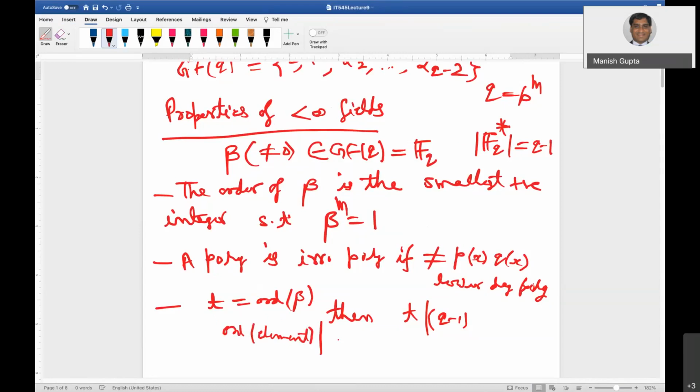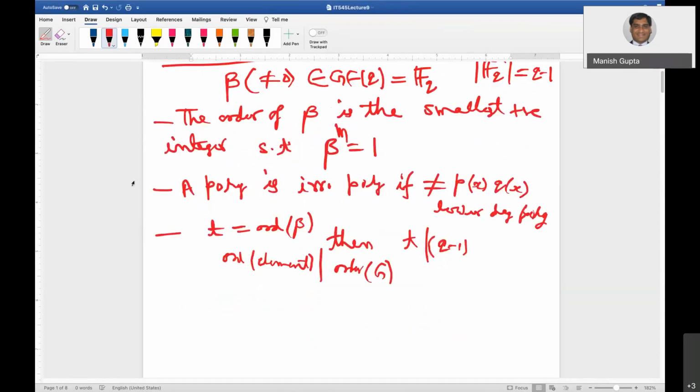Using this, we arrive at: if t is the order, then t divides q minus 1. If G is a group, then this happens.